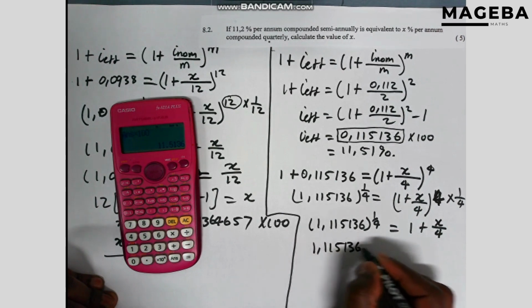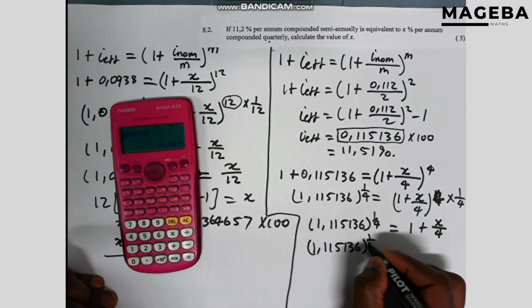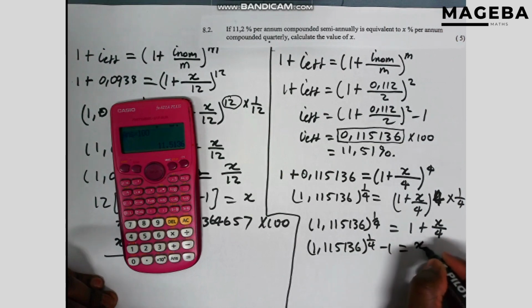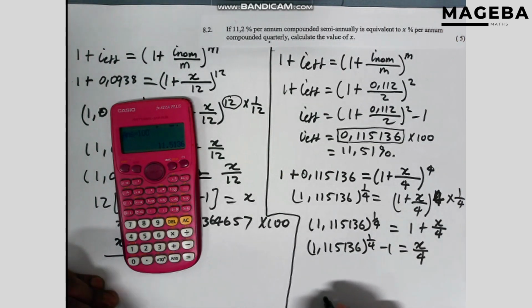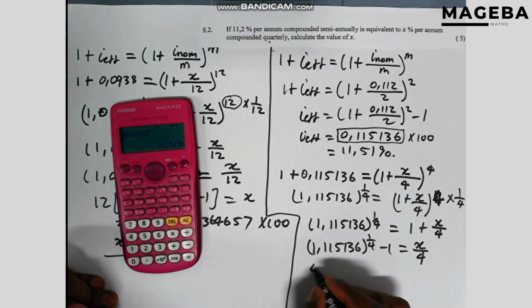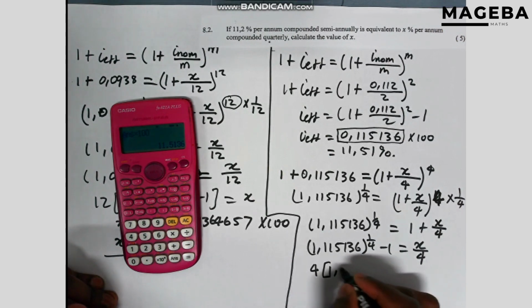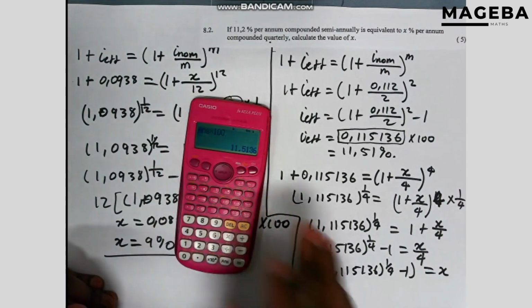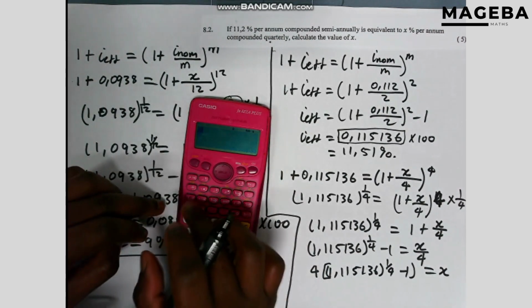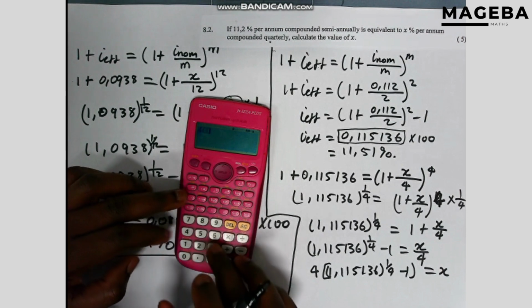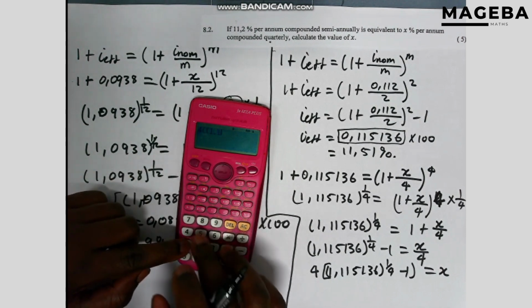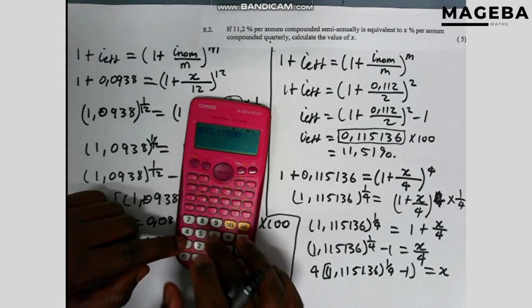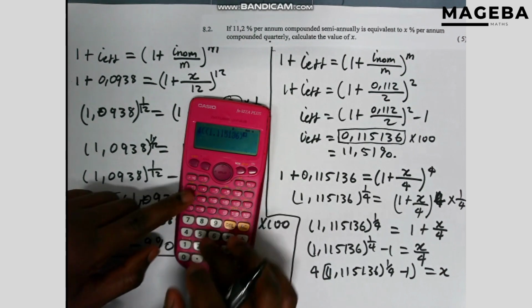Then from here, cross multiply, we get 4 into 1.115136 to the power 1/4 minus 1. Then we get our x. Let's punch our calculator. 4 into 1.115136 to the power 1/4, and minus 1. Then our x is what?